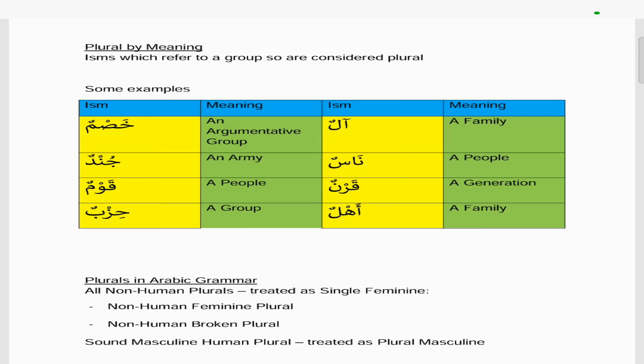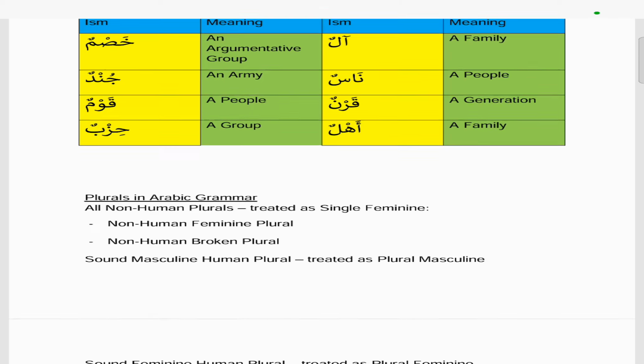So jundun is an army, it's still considered plural. And qawmun, a people, hizbun, a group, alun, a family, nasun, a people, and qarnun, a generation. So in each case, in English, this is considered singular, but in Arabic, when we're referring to a group of people, it's considered a plural.